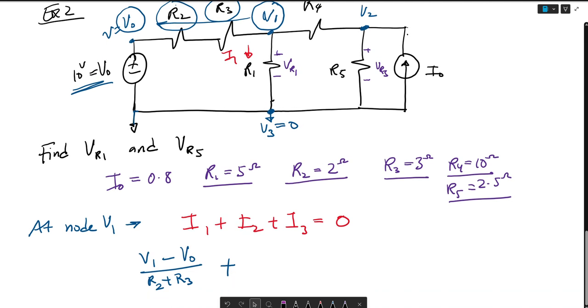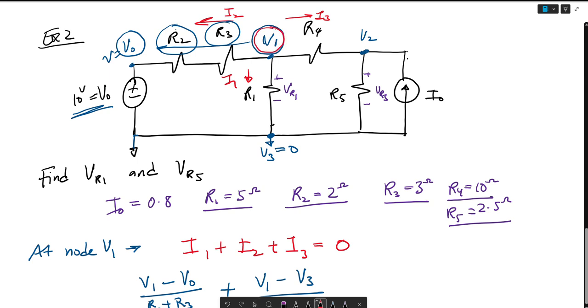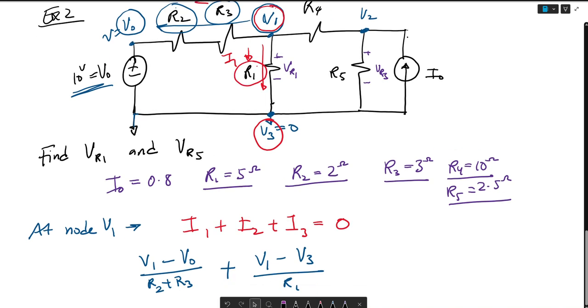But to continue, we go to V1 minus V3 over R1. Again, we get that from V1 minus V3 over R1. I hope that makes sense.